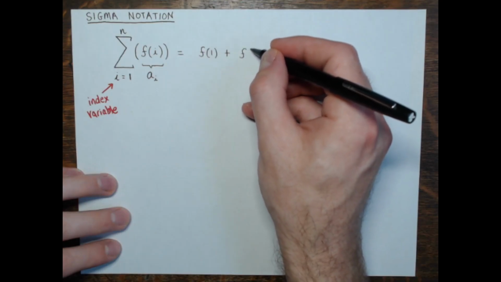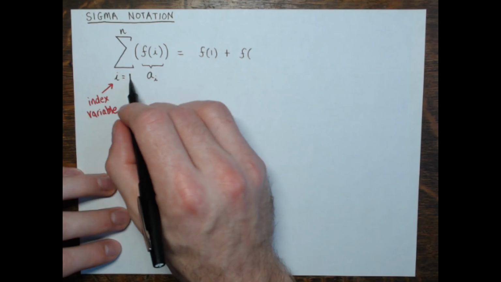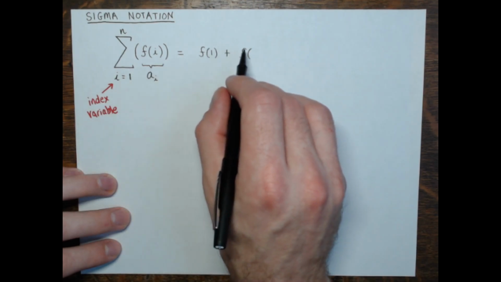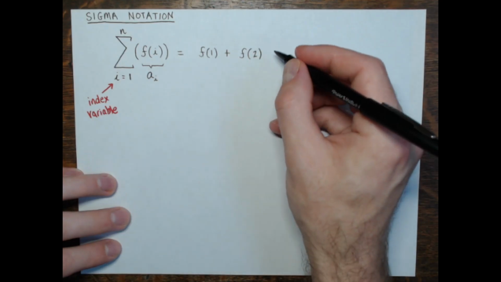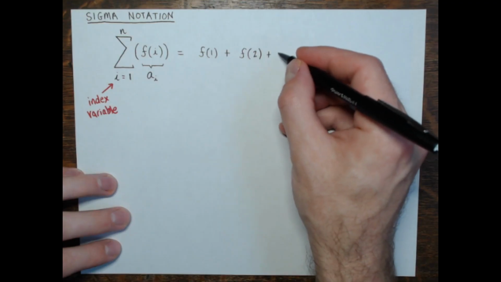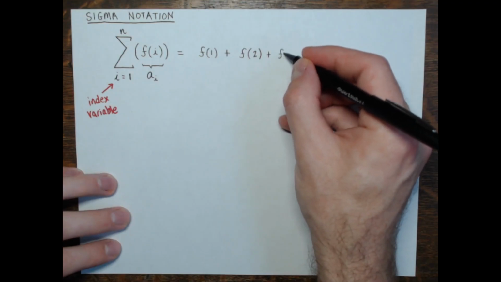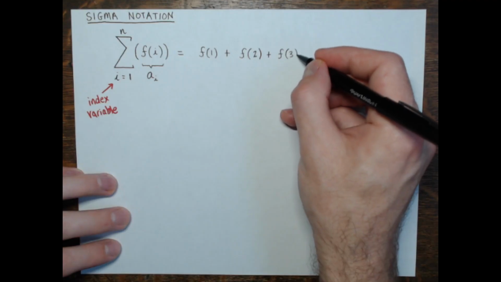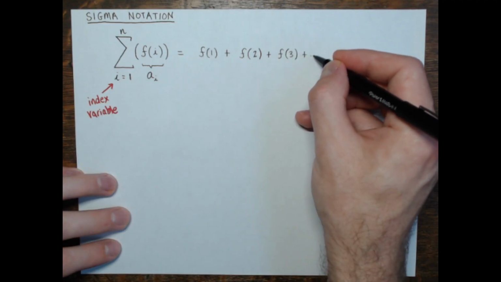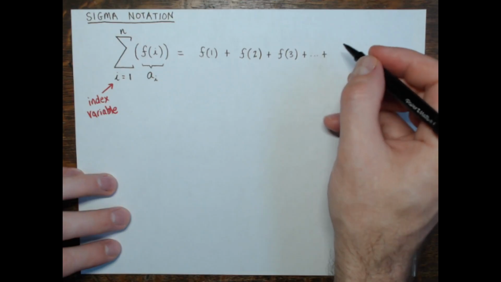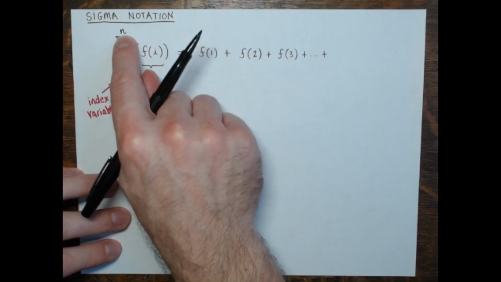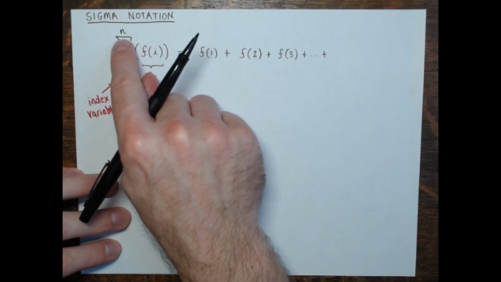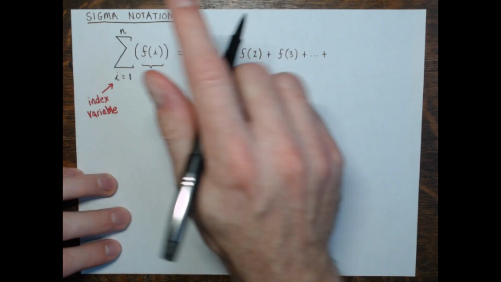So the next term, I started plugging 1 in at first, and then I plug in 1 higher, so then 2, then plus, and then f of 3, and then plus, and you keep doing this until you get to that top value above the sigma notation, that last value.